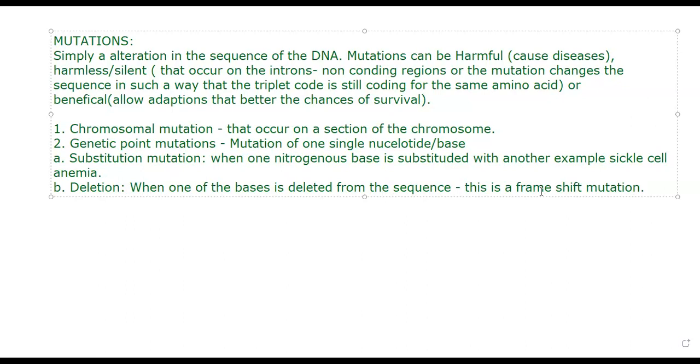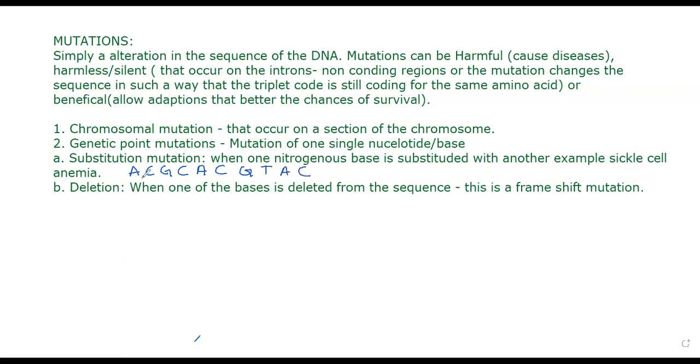Now, when I'm talking about substitution, what am I doing? I have, for example, my DNA sequence: A, C, G, C, A, C, G, T, A, C, A, T. Now there has been one mutation.